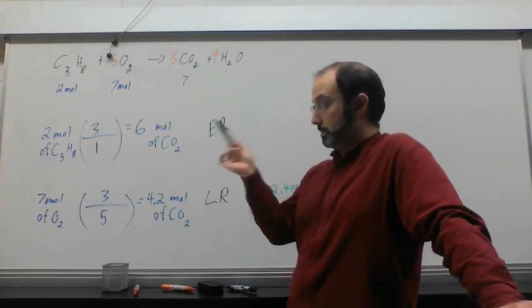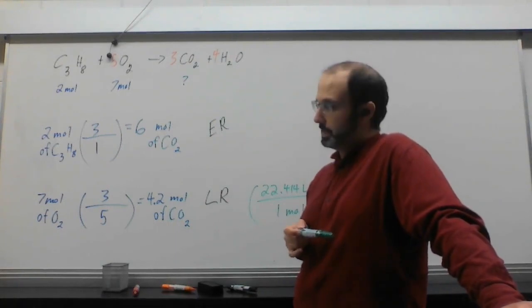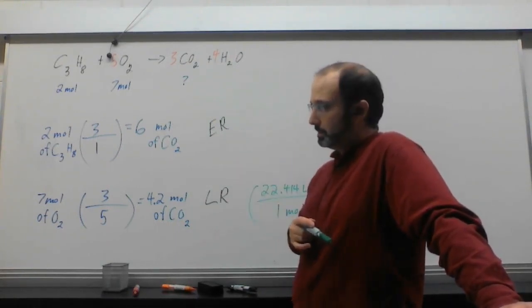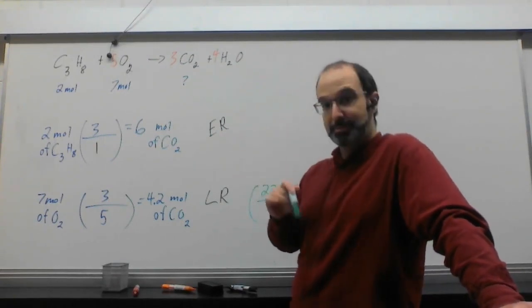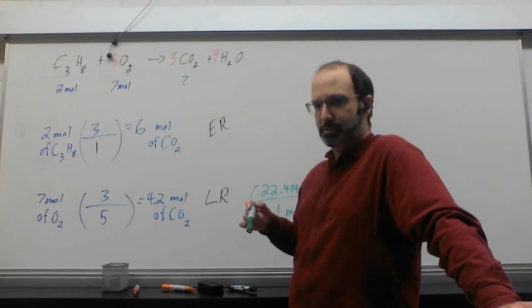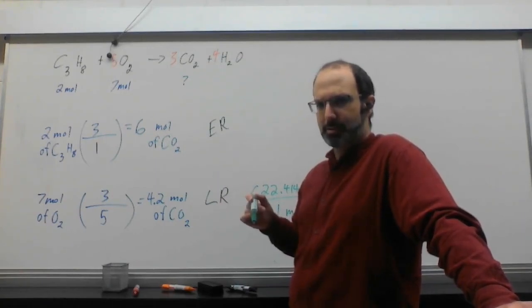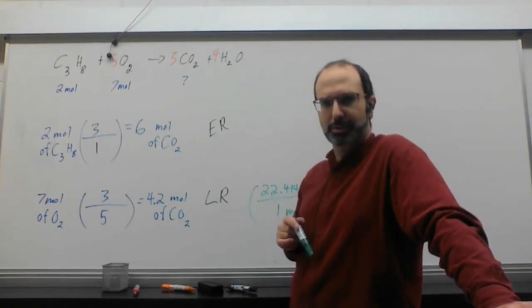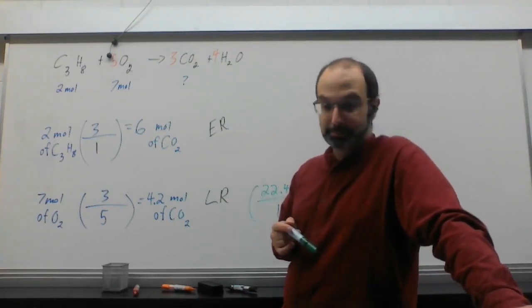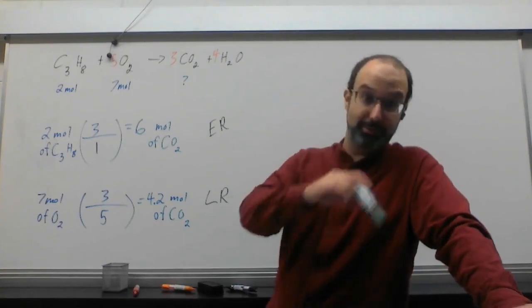Because, again, your boss might call you up and be like, hey, incredibly smart chemist that I pay lots of money. We can dream. Incredibly smart chemist, I pay lots of money. How much of that excess reactant do you have left over? Can I sell it on the side, or maybe bring in another shipment of the original limiting reagents so we can do this again? You've got to be able to tell them. Not to mention, it tells you how much you've got to store away for later.